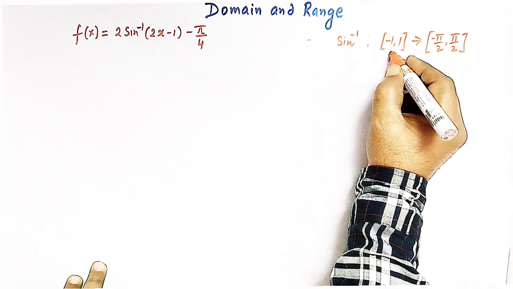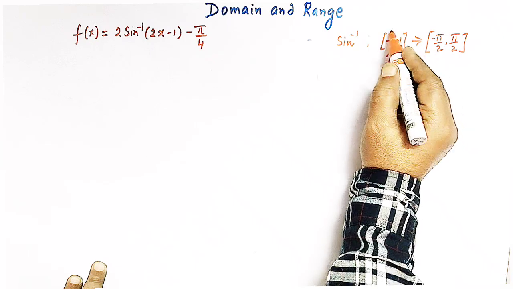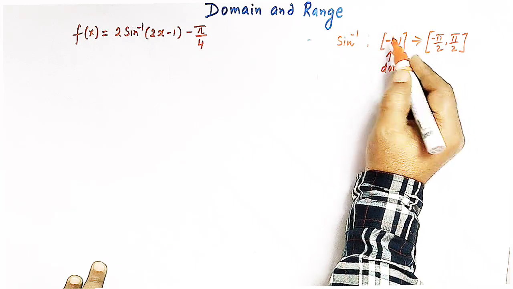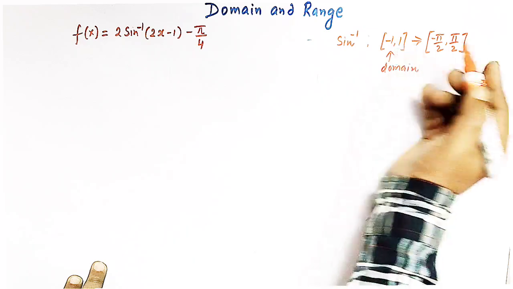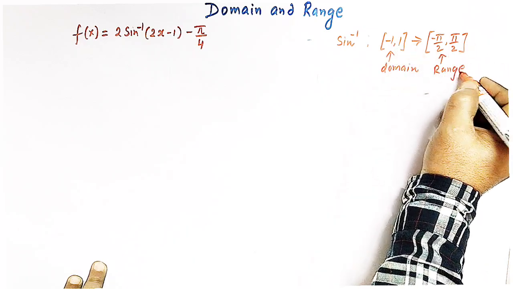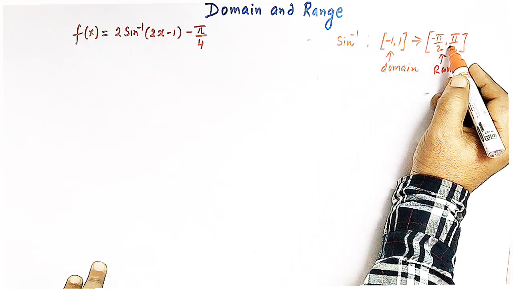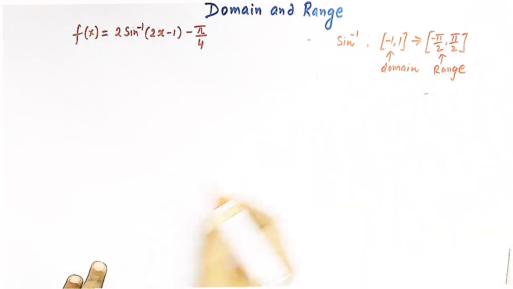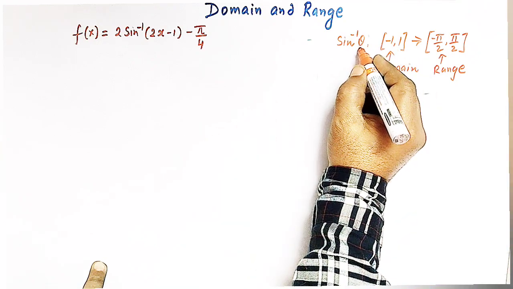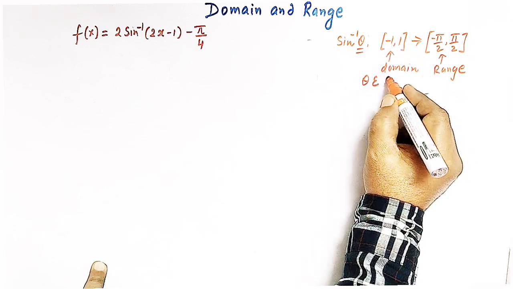So the domain of the sine inverse function is this interval minus 1 to 1, including minus 1 and 1, and this is the range of the sine inverse function, that is the closed set minus pi by 2 to pi by 2, right?